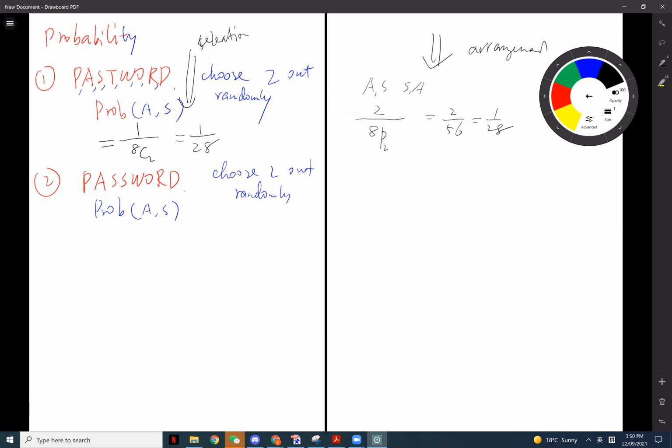Okay. Number 2. What's the answer? Okay, still AS.